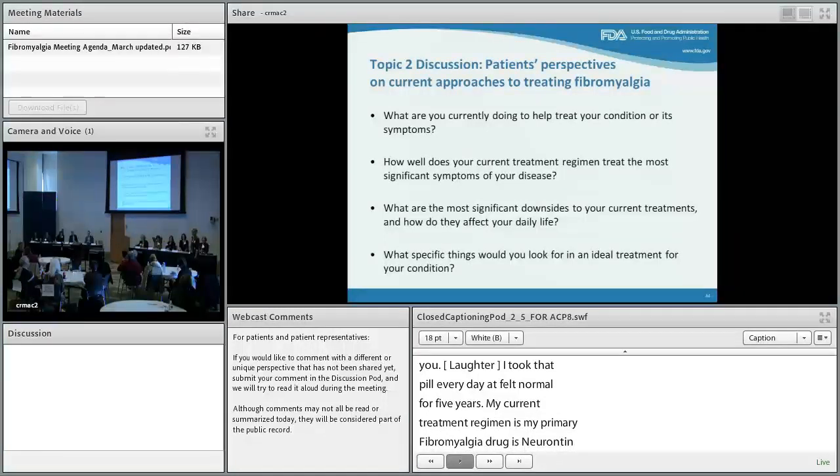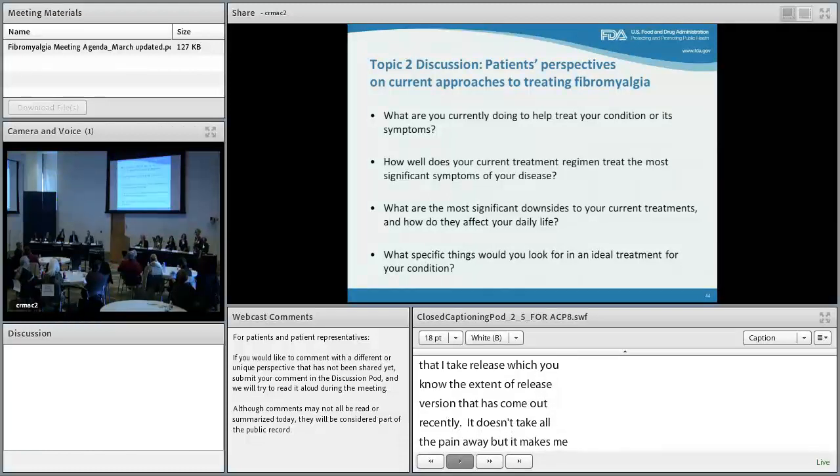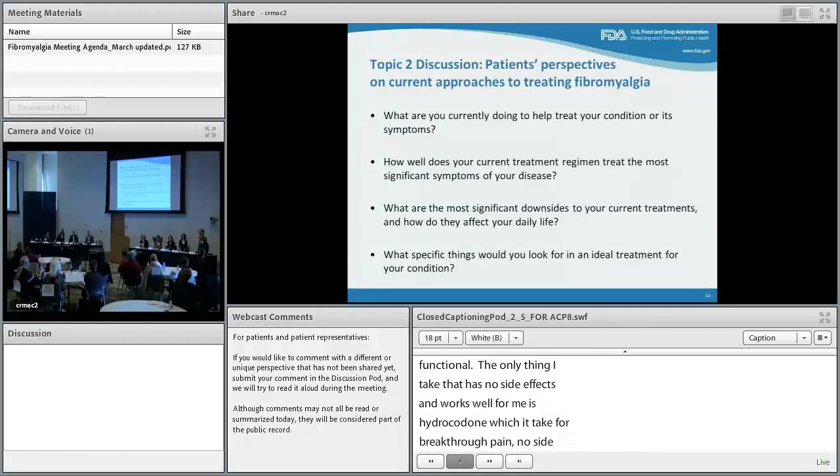I'm actually taking the extended release version that's come out recently, and it doesn't take all the pain away, but it makes me functional. The only thing that I take that has no side effects and works well for me is hydrocodone, which I take for breakthrough pain. No side effects whatsoever except pain relief, and that's the drug that allows me to live my life without fear of the pain because I have a tool to manage it.